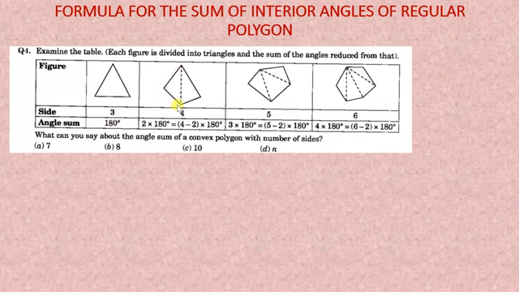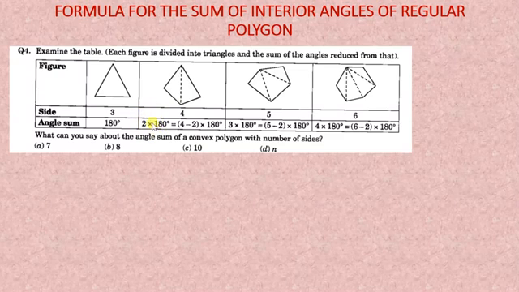The next one is a quadrilateral. If we draw one diagonal, then this quadrilateral is divided into two triangles, and since the sum of three angles of one triangle is 180 degree, the sum of the angles of both the triangles will be 2 multiplied by 180 degree.